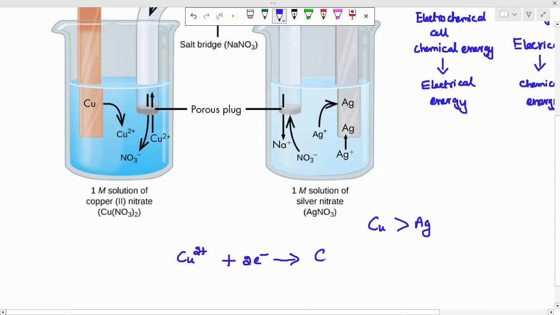Reduction means addition of electrons. So when you add two electrons, you will get copper. This is the reduction reaction. When this reaction happens, the electromotive force, that is the voltage that can be released in the standard condition, should be written as a superscript.